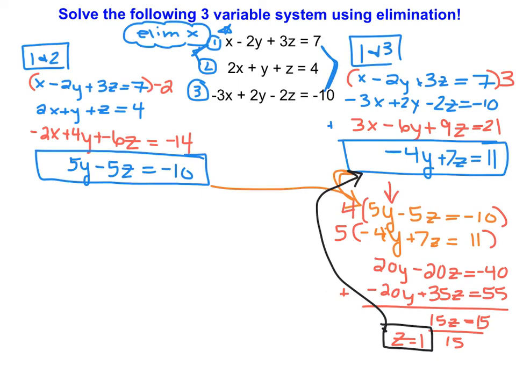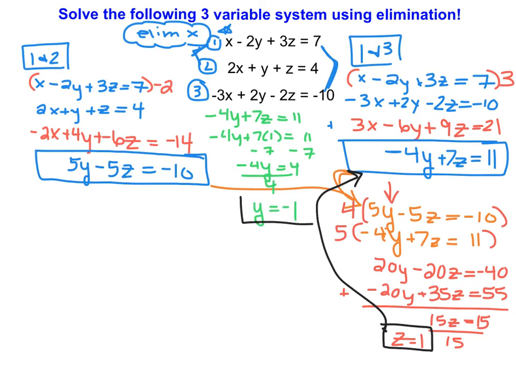I can see that I have negative 4y plus 7z is equal to 11. Well, z is equal to 1, so this is negative 4y plus 7 times 1 is equal to 11. Subtract 7, subtract 7. Negative 4y is equal to 4. Divide by 4, and I find that y is equal to negative 1.